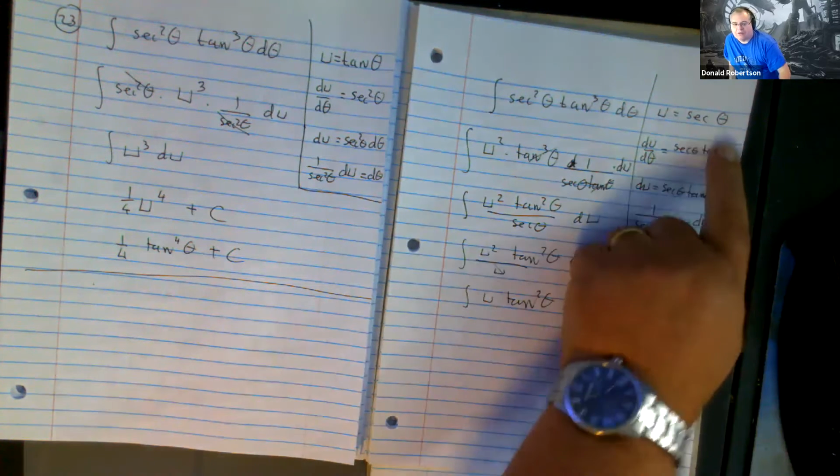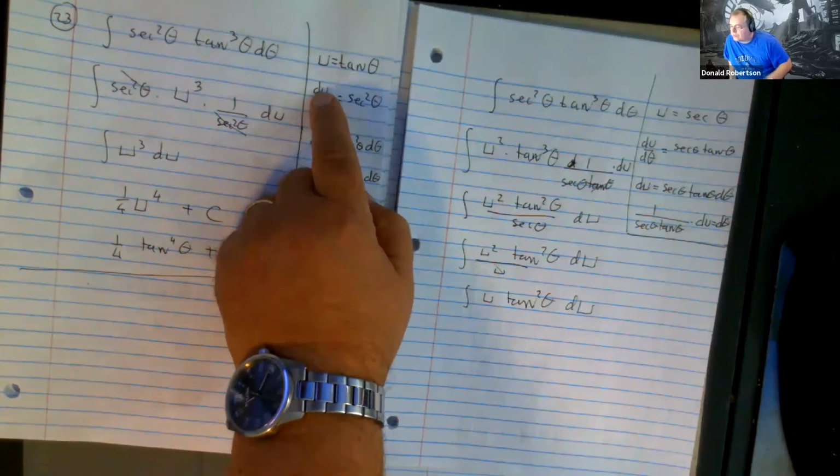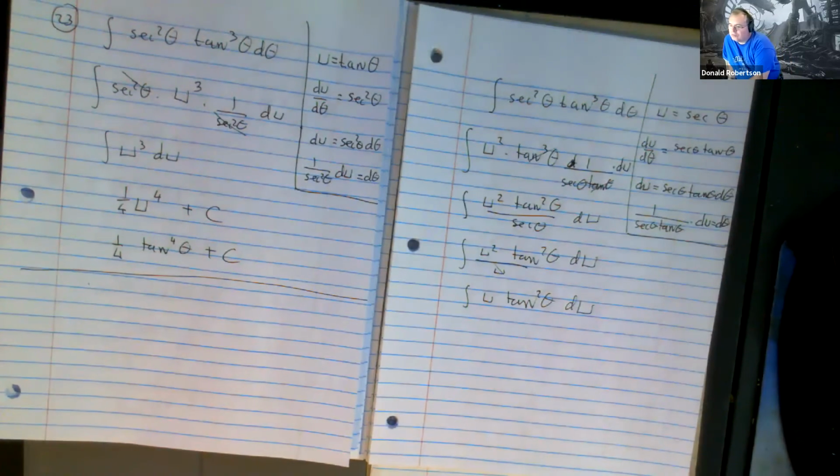So if you ever do the wrong u sub, even if you work as hard as you can to try and fix it, you'll probably get to the point where there's something left over that you just can't really deal with. And that's a good sign that it's the wrong one. Well, if you know it's the wrong one, can't you then just go and pick the right one and it works? So it's not totally irredeemable, right? You'll be able to fix it.